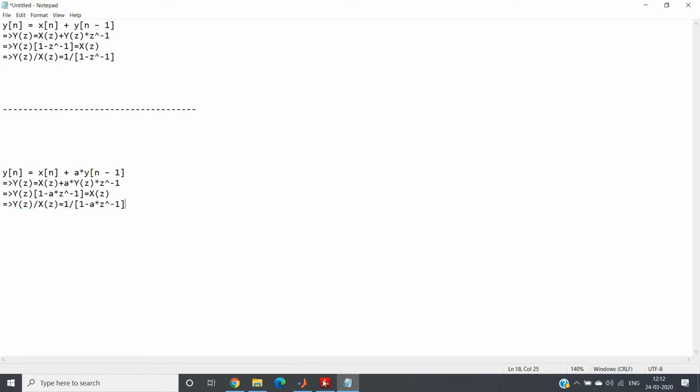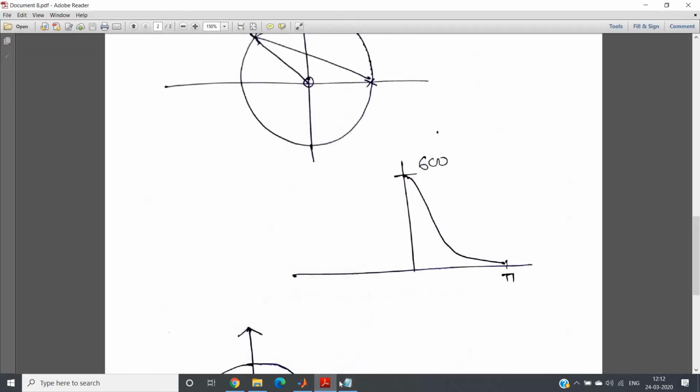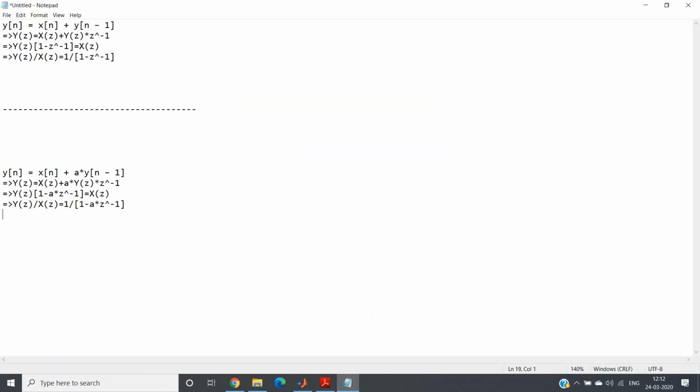Right? Now see what will happen. Now try to understand. In this case our H(z) is 1 by this particular term. So let me copy this, Ctrl+V. Now I want to calculate the pole. So 1 - a·z^-1 = 0.